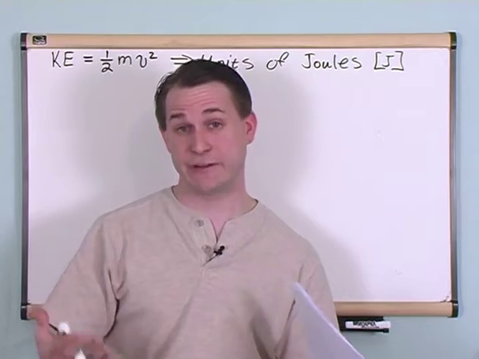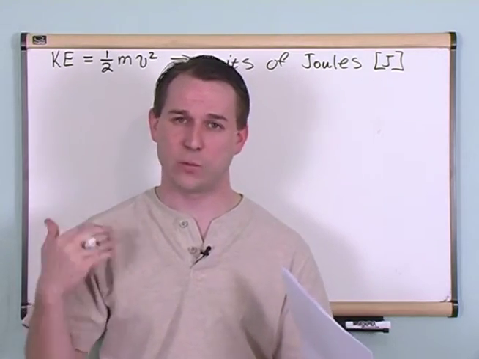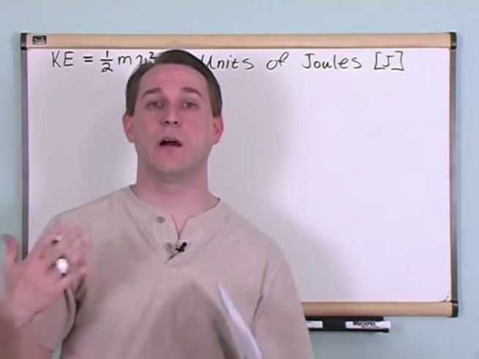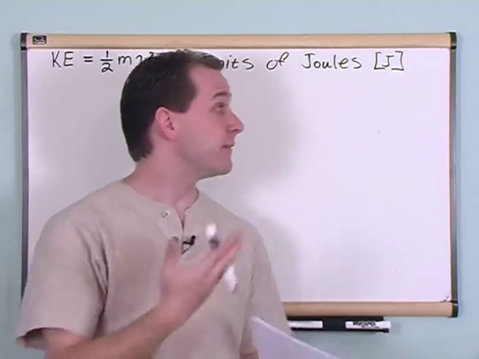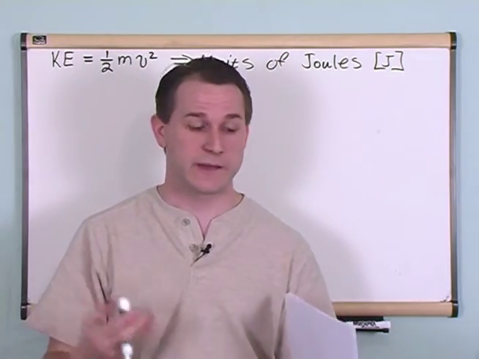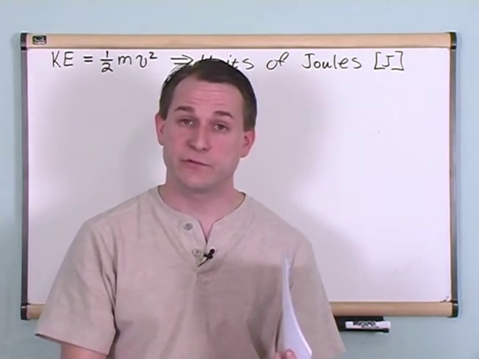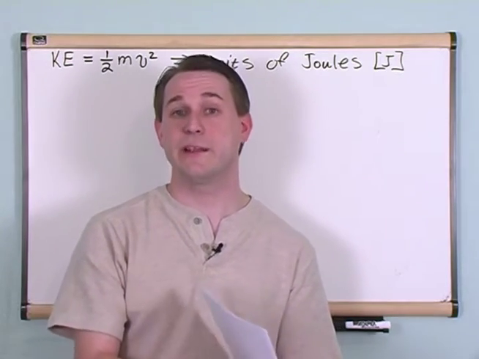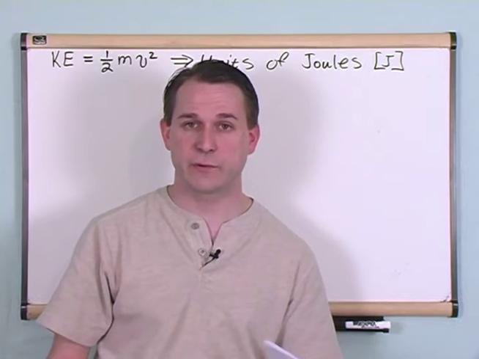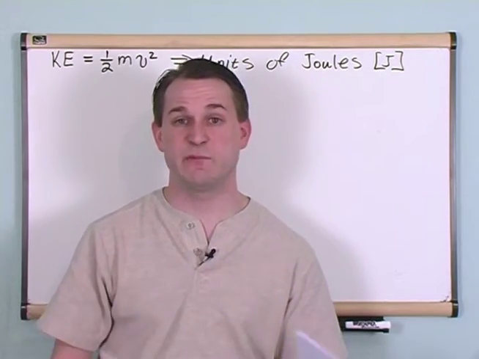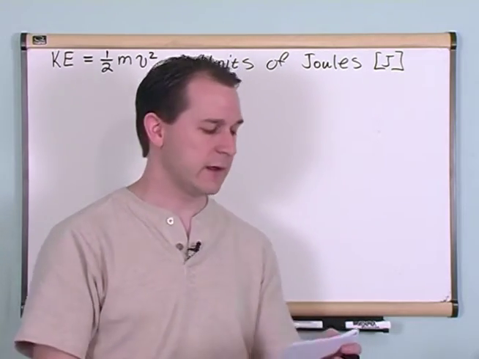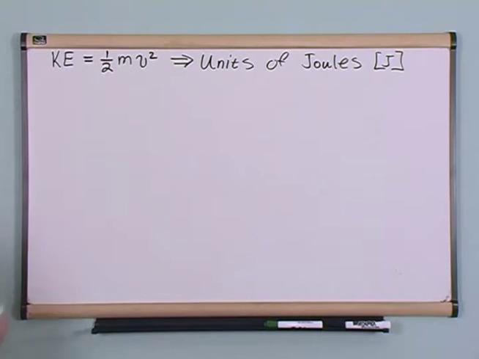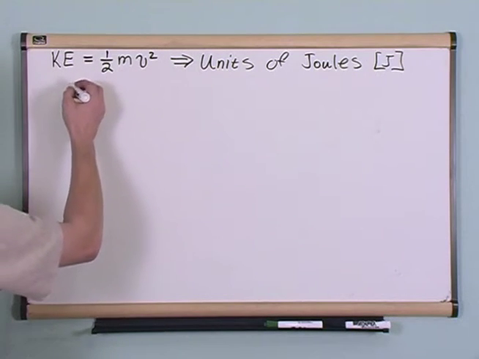You're going to find out in just a minute that work and energy are similar, and they have the same units. Work has a unit of joule, kinetic energy has a unit of joules, and in a little bit we're going to get to potential energy, and it also has a unit of joules. So there are lots of different things with the same unit, and I'm going to try to explain why they're different. In order to do that, let's take a little thought experiment.